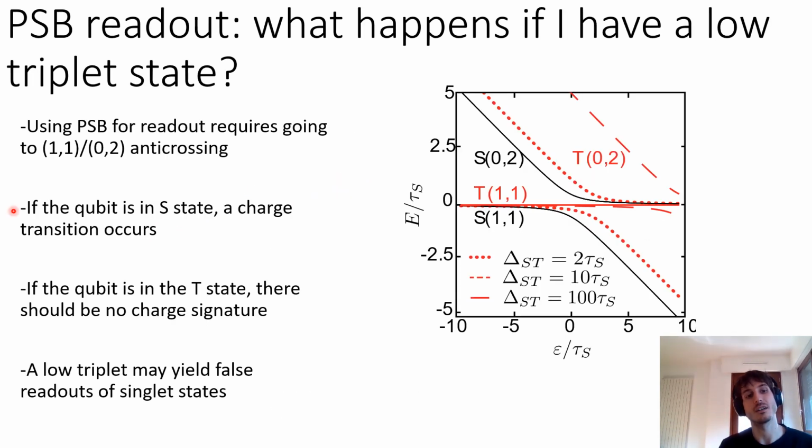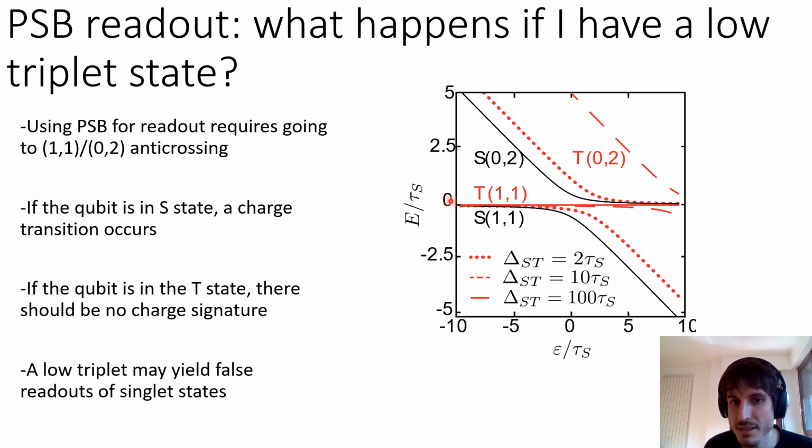Now that we understand the Coulomb interactions in quantum dots, it's the moment to take a look at the consequences for quantum computation. We first focus on the Pauli spin blockade readout. In this readout mechanism, you tune near the (1,1)-(0,2) anti-crossing, and if you are in a singlet (1,1) state, as you go to the anti-crossing there's a moment in which you have a transition towards the S(0,2) state, and this leaves a charge signature that you can detect, and you use that to say the qubit is in the singlet state.